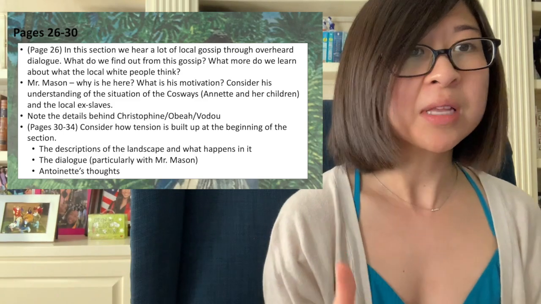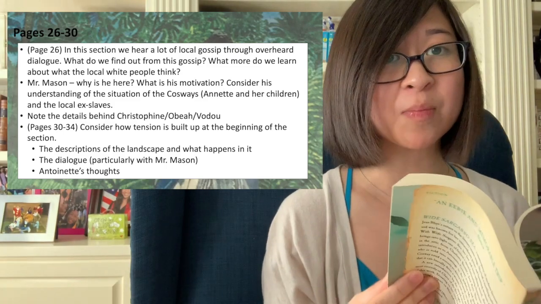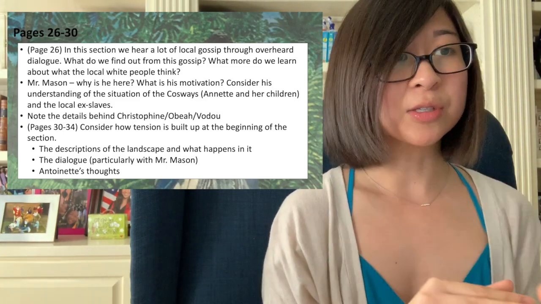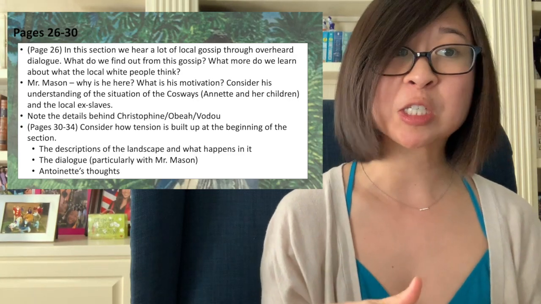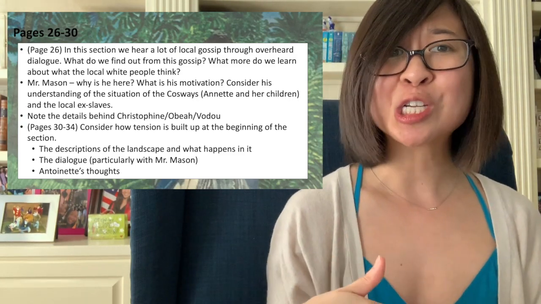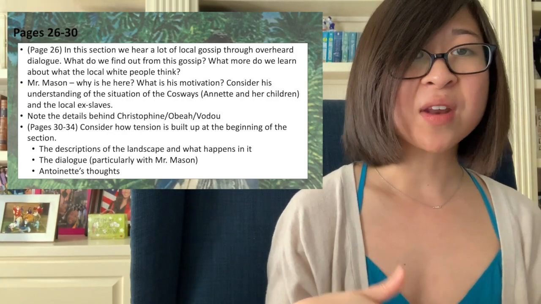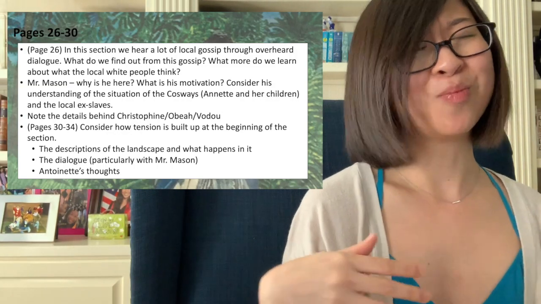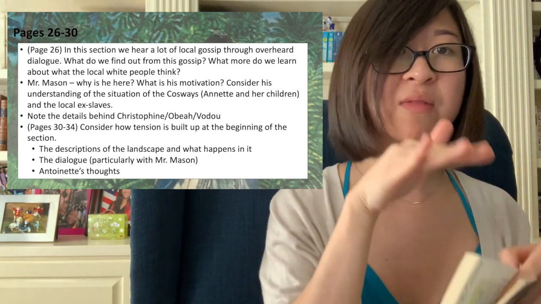The description of the landscape, what happens, what they notice about the village, also the dialogue, particularly again with Mr. Mason, when Annette and Aunt Cora are like, hey, we should leave, we're not safe, and he's like, oh, no big deal. That contrast of the dialogue.